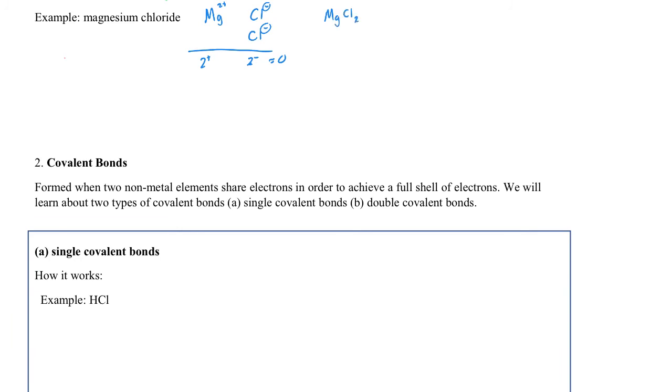Now let's take a look at what this looks like as far as the Lewis dot structures are concerned. First off, magnesium is in group 2, so it has 2 valence electrons, which I'll represent with the 2 dots I've shown here. And then we know chloride has 7 valence electrons, which I'll show as such. So we have 2 of these chlorides with 7 dots around each of them.